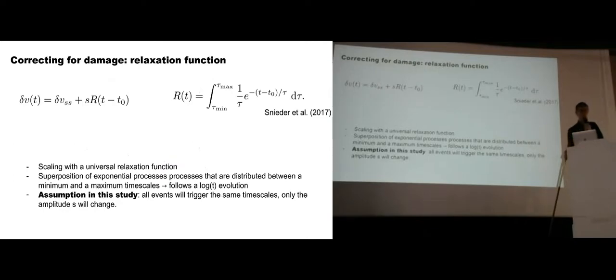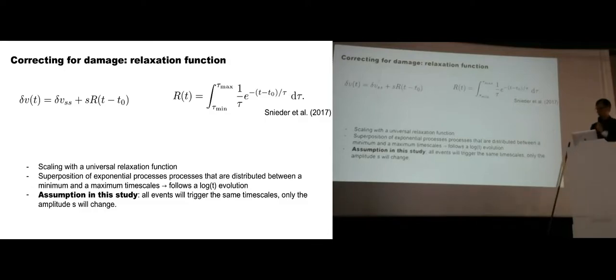One approach is the superimposed exponential spectrum, basically by Will and myself, that we used, because in this model it potentially just works better. So we use this universal scaling relation with superimposed exponential processes, and the assumption here is that basically all events trigger the same timescales, but just the amplitudes are different, because of course they introduce different amounts of excitation.